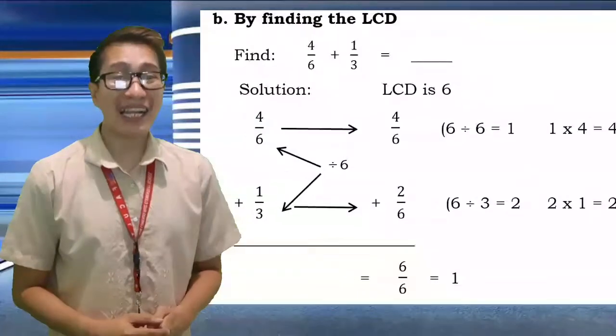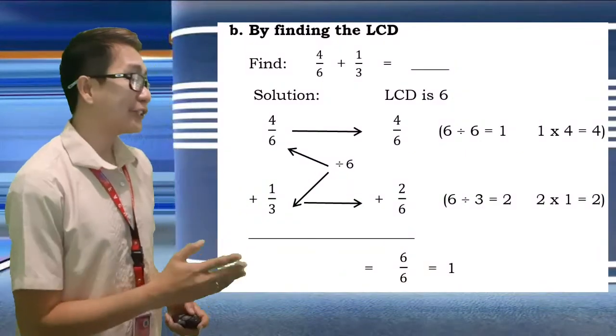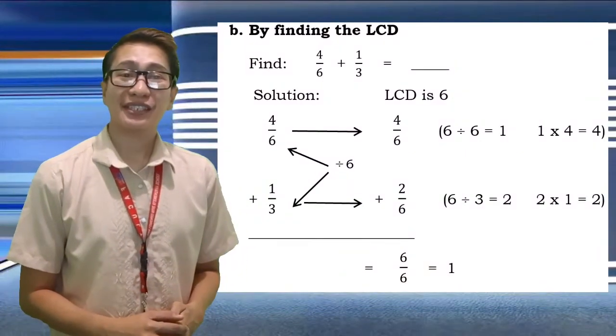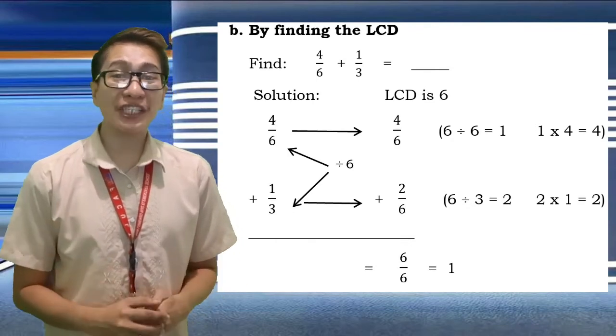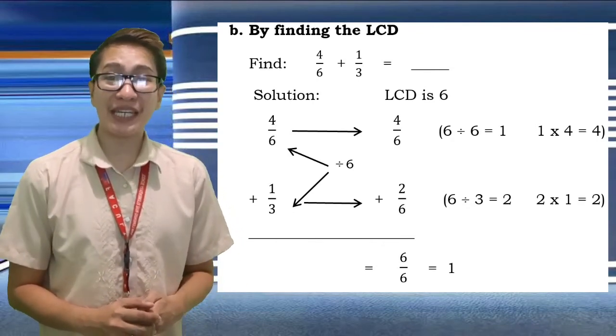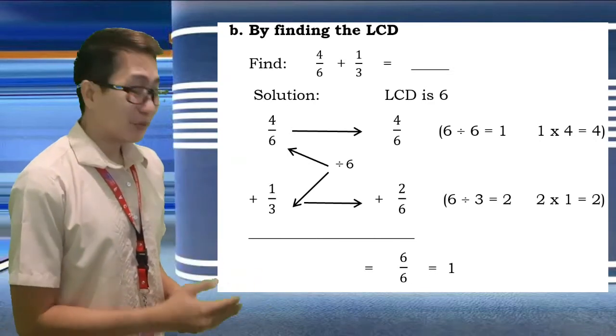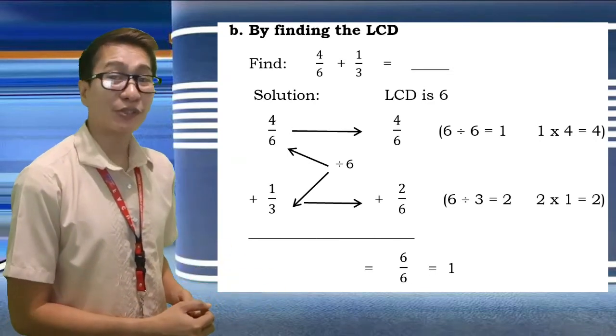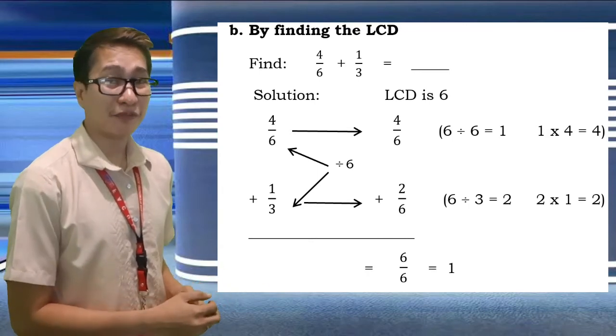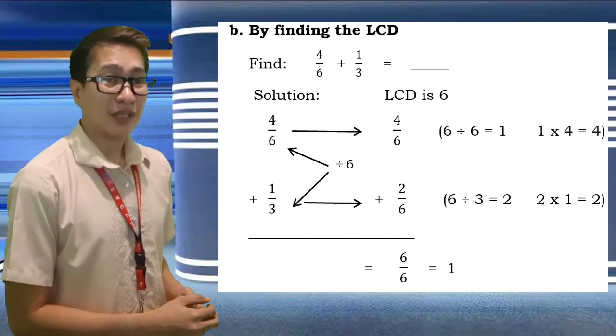Now, by finding the LCD, find 4/6 plus 1/3. So, the least common denominator of 6 and 3 is 6. Study the table. So 6 divided by 6 is equal to 1, and 1 times 4 is equal to 4.